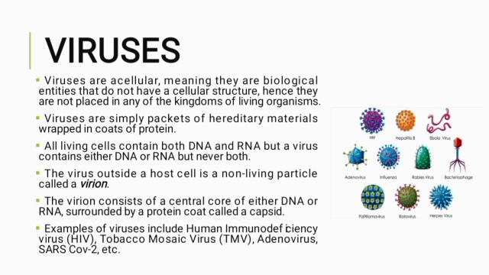Okay, so these are all the different types of viruses, and you also need to understand that the virus outside the host cell is a non-living particle called a virion, but when it's inside the host cell, it becomes a virus. So know the difference between a virion and a virus. Okay, that's it.